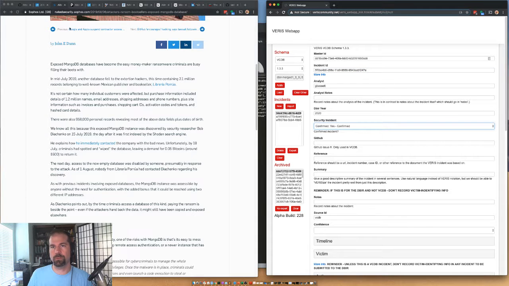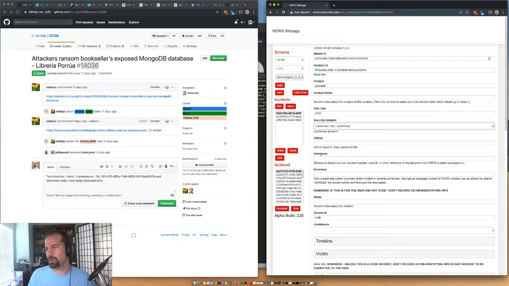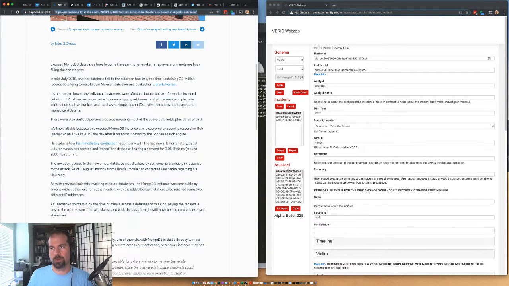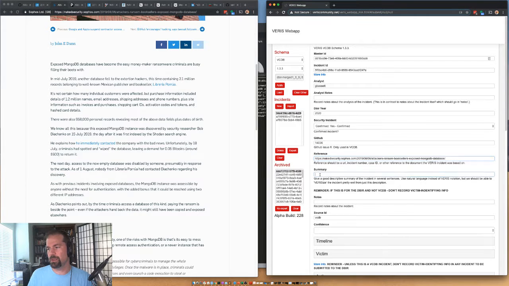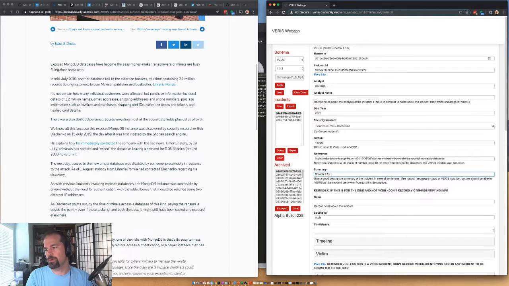Security incident confirmed. The GitHub ID. The reference. I think I reference in here. Summary in this case. Reach 2 for GitHub ID. Database deleted and ransomed.